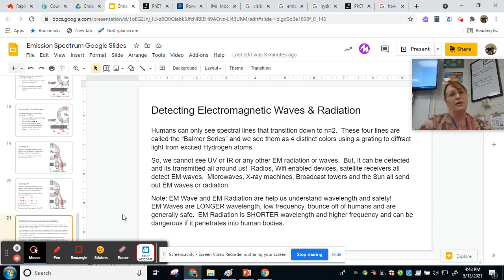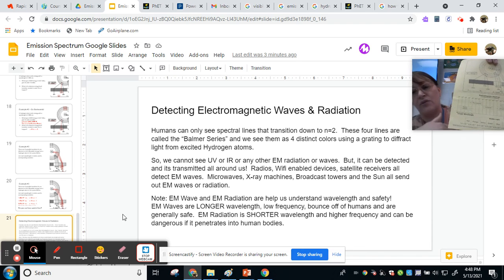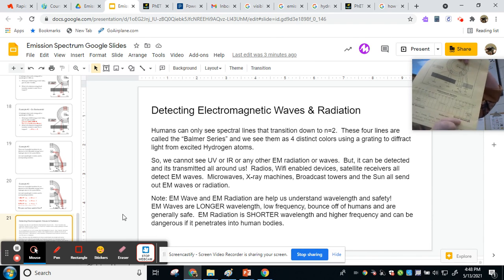So anything longer wavelength, lower frequency than visible light, anything to the left here, is going to be considered a wave. Longer wavelength means lower frequency, and they tend to be pretty safe.